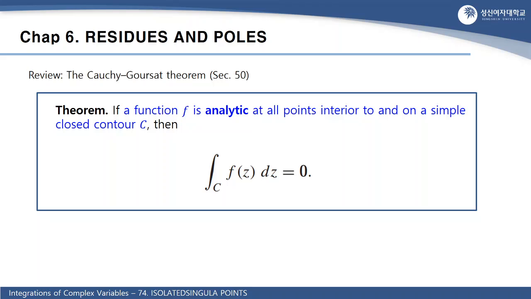The last time we have learned Cauchy theorem in section 50. The theorem says if a function f is analytic at all points interior to and on a simple closed contour C, then we have the result: the integral along the contour C of f(z) dz equals 0.